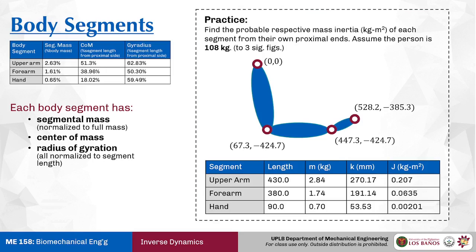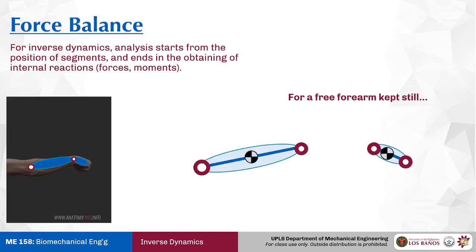Now, we are trying to locate the center of mass and calculate the mass inertia in order to do the next step, which is the balancing of forces. For now, we will not examine systems that are moving or experiencing any kind of external reaction force.